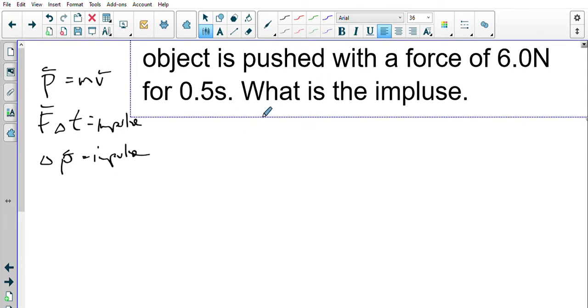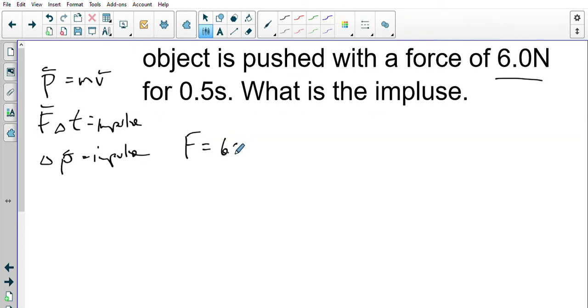An object is pushed with a force of 6 newtons for 0.5 seconds. What is the impulse? We find force is equal to 6.0 newtons, and 0.50 seconds is the time. We're asking for an impulse, so F delta t will give us our impulse.